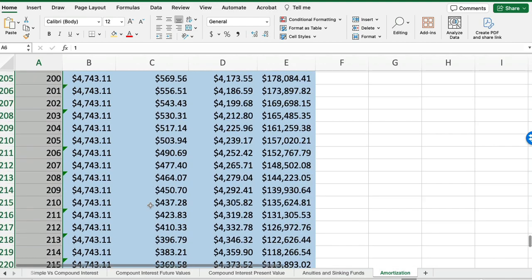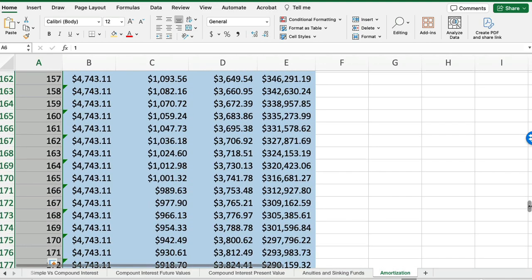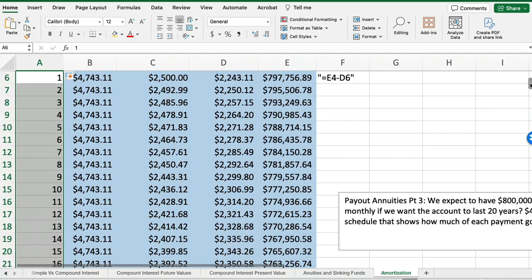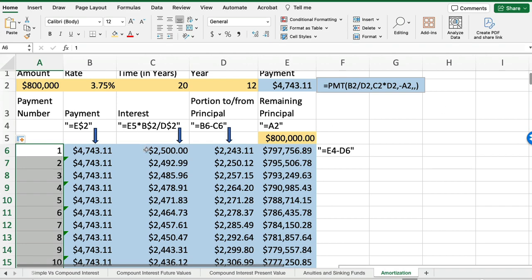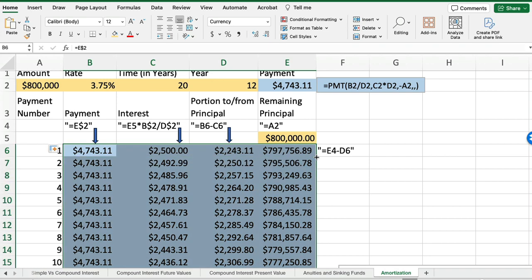But now that you have that filled down, if we go back up to row 6 again, and highlight all of this, and down here where the little green square is in the lower corner, when you get that black plus sign, just double click on it.